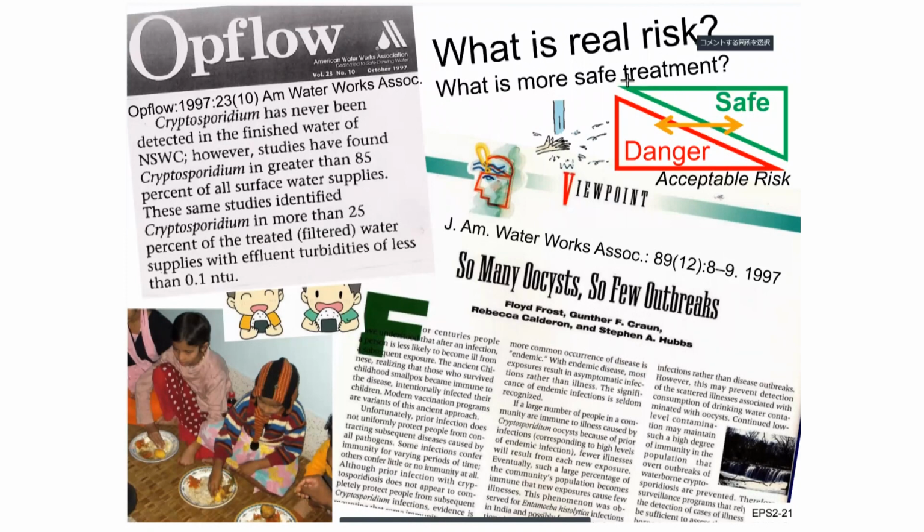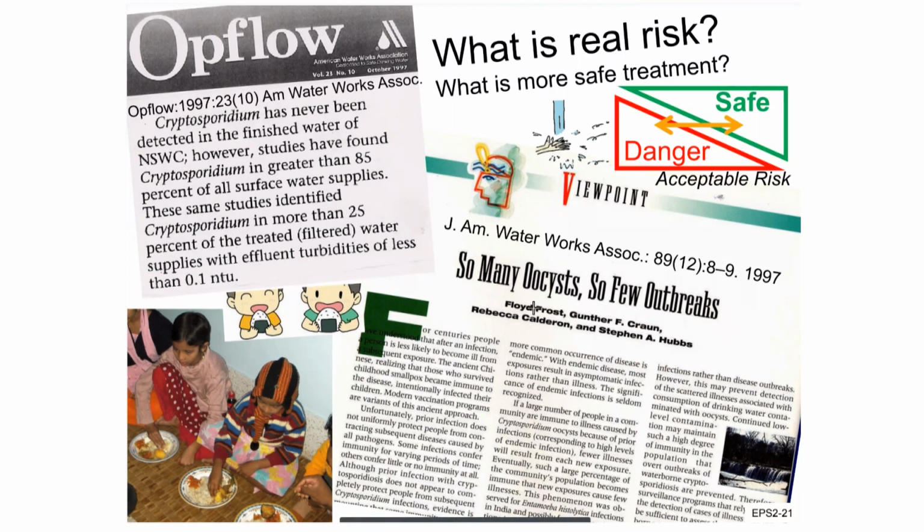And in the American Water Works Association journal, at that time, they asked, what is the reality, what is the safer treatment? They said Cryptosporidium has never been detected in the finished water. However, studies found Cryptosporidium in greater than 85% of all surface water supplies. These same studies identified Cryptosporidium in more than 25% of the treated water supply with effluent turbidity of less than 0.1 NTU.